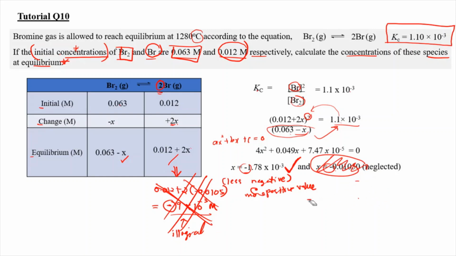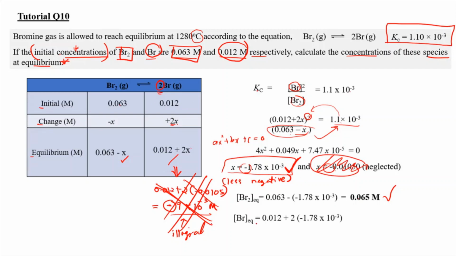Okay, so now once we have the value that we wanted, which is this value here, we're going to plug it into this expression at equilibrium. The concentration of the bromine gas at equilibrium is equal to 0.063 minus the value of x that we have obtained. Once we do the maths, we're going to get 0.065 molar, which is logical. And then for the bromine atom at equilibrium, we're going to get 0.012 plus 2 multiplied by negative 1.78 times 10 to the power of negative 3.